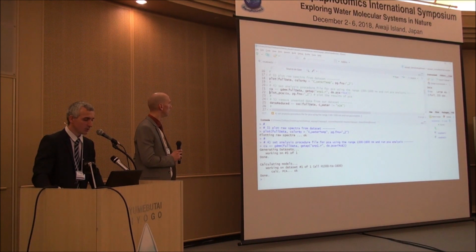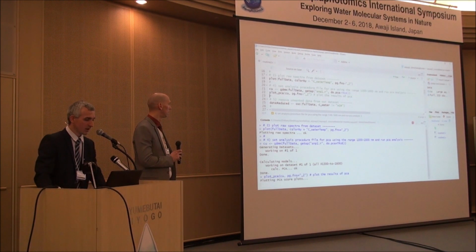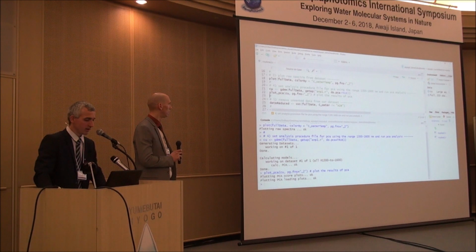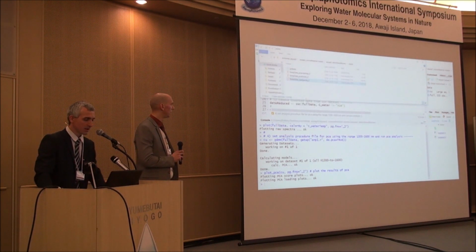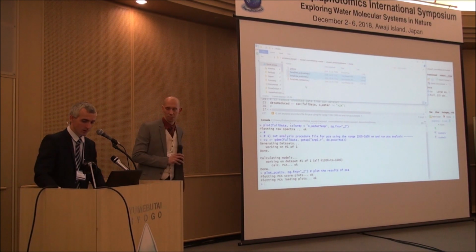So we generate a new object in R called CU, and it contains the result of PCA. So after that, the only thing what you need to do is to plot the results. So plot PCA, and it will provide you the PCA results. So you will see 2 additional PDFs appeared in your results folder.